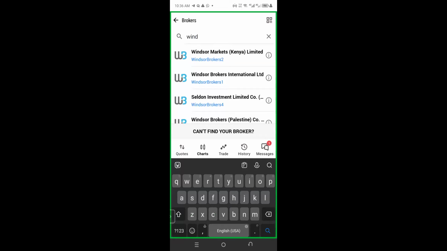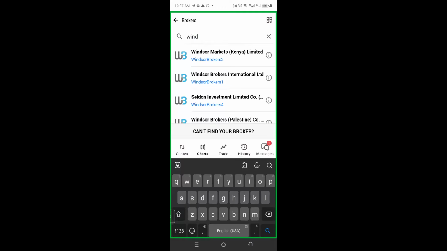The Windsor we were looking at on the screen, the server is Windsor Broker 1. You can see there is Broker 2, Broker 3. You need to pay very keen attention to that server and the extensions it has. What do I mean by extension? Like dash, like real, like one again.